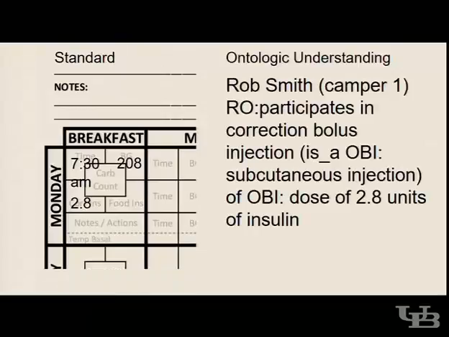Ontologically, I could say that Rob Smith participates in, RO is relation ontology, Rob Smith participates in the correction bolus injection, which is a process, and is a subtype of OBI subcutaneous injection of OBI dose of 2.8 units of insulin.